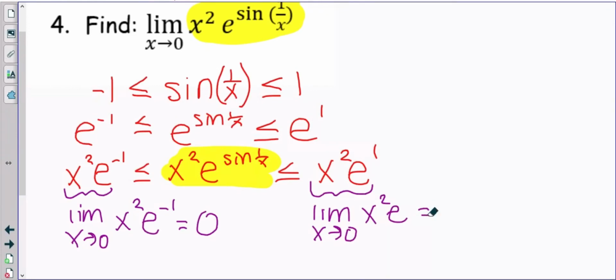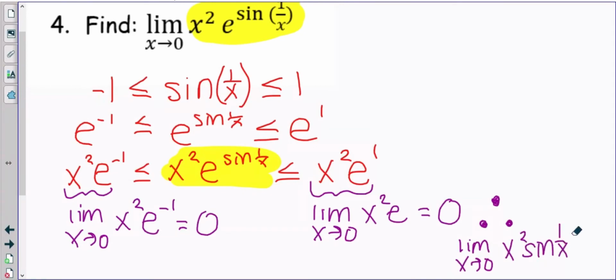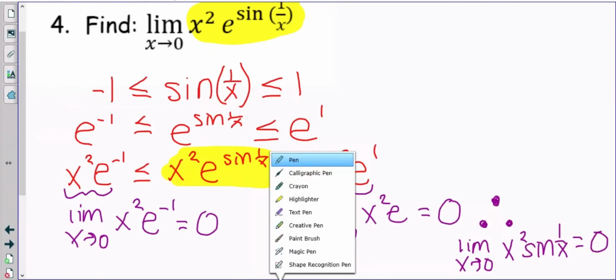And if I plug 0 in to find that limit, 0 squared times e is just 0. And so because my lower limit and my upper limit were both 0, I can say therefore, remember 3 dots in a triangle mean therefore, the limit as x approaches 0 of x squared e to the sine of 1 over x, that was my original, must equal 0.